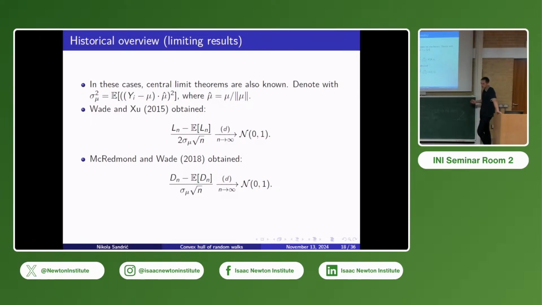And this one as well. Moreover, one can prove that this thing here, without any scaling, converges in distribution to chi squared times some constant. And I think the same holds for the perimeter. So when this is 0, one really also gets limit theorems with a non-normal limit.